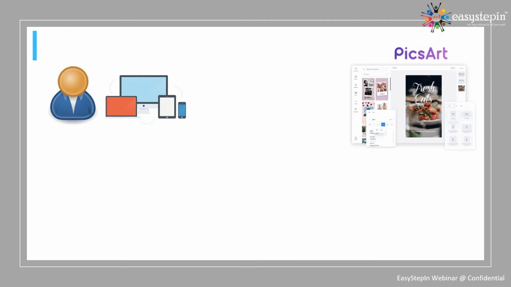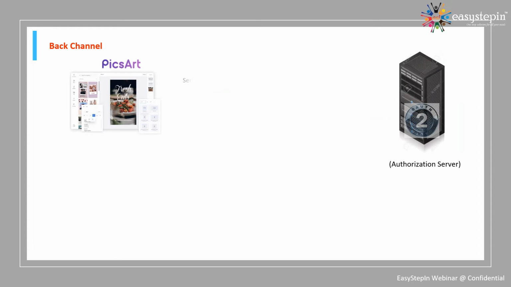So this temporary code you'll be sharing with PixArt's application server. Okay, so then the PixArt application server sends this temporary code with a client secret which it already has to get the access token from the authorization server. So this is all the back channel process that is happening, which will not be seen in the browser for us.